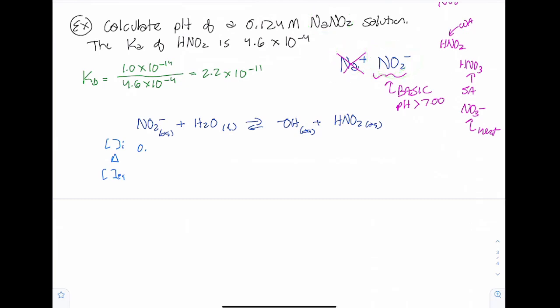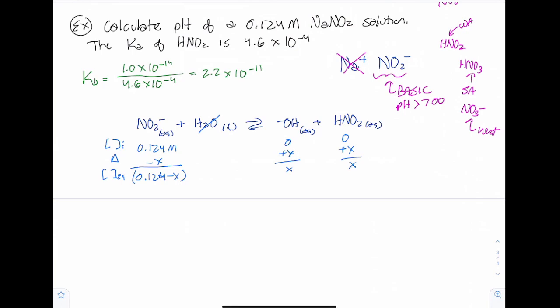So if I have 0.124 molar sodium nitrite, I have 0.124 molar nitrite. Water, don't care, not part of my expression. 0 and 0, minus x, plus x, plus x. 0.124 minus x. 0 plus x is x, and 0 plus x is x.